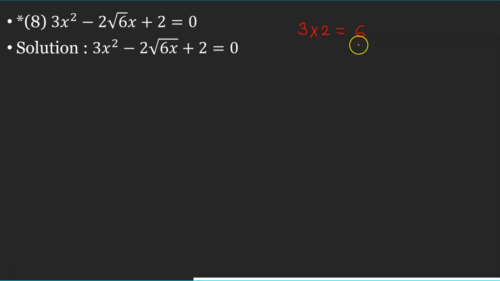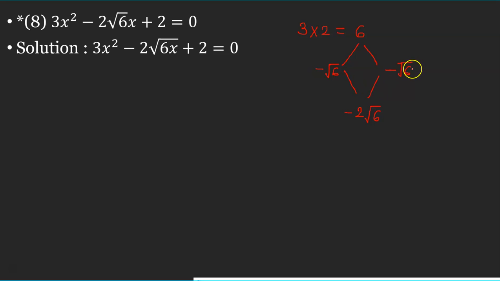Now, what are the two numbers whose product is 6 and whose sum is minus 2 root 6? The simple numbers are minus root 6 and minus root 6.